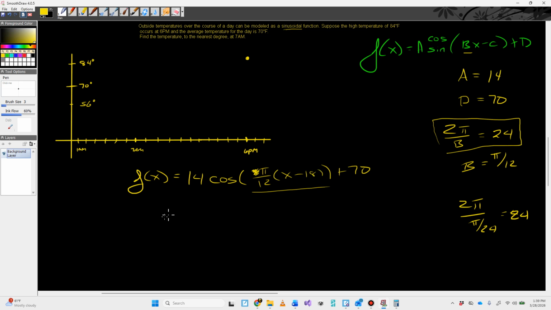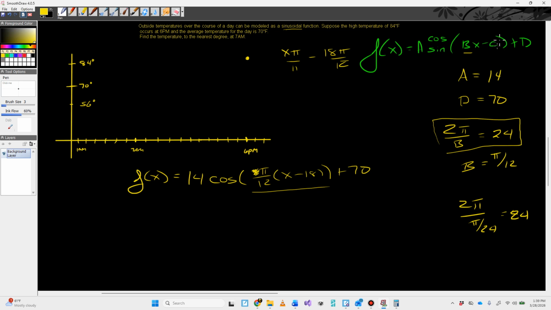In fact, if I were to do this up here, and I'll just erase it later, that's going to be x pi over 12 minus 18 pi over 12. So we would know that the value for my c is going to be 18 pi over 12 if I plugged in, let's see, this is a temperature at 6 p.m., so that would be 18 for my x value and 84 for my output value.